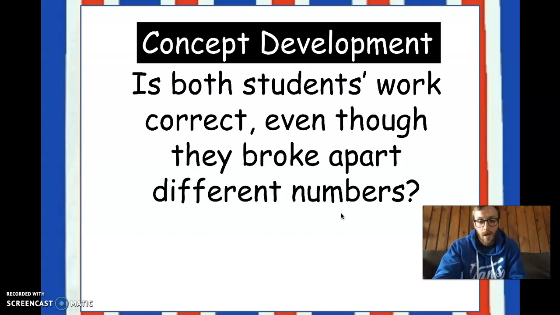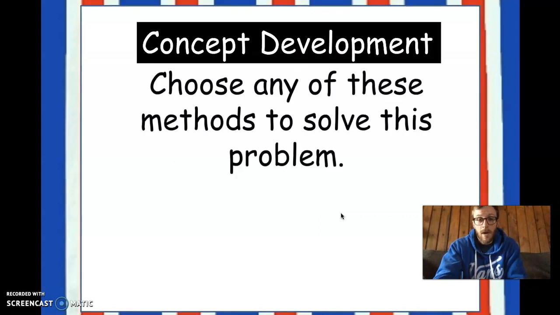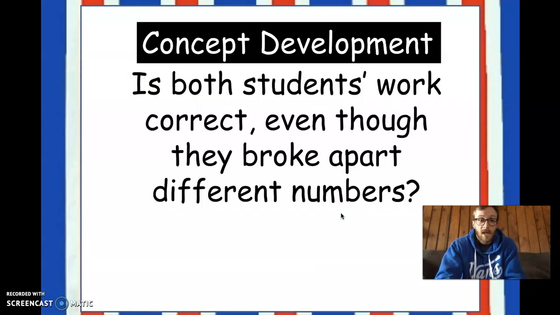All right. They are both correct. Because, like I've said many times, we can choose either number to break apart and add to the other one. It's just usually there's one way that makes it a little bit simpler. But no matter which way you do it, you can find your way to the correct answer. So student C and student D were both correct.